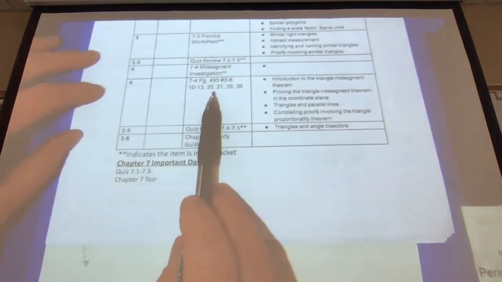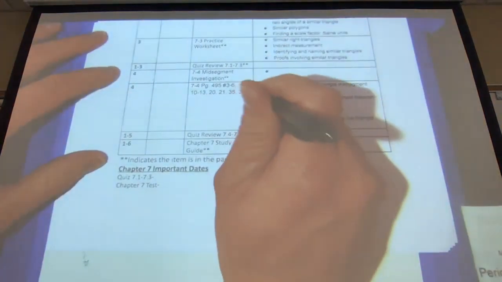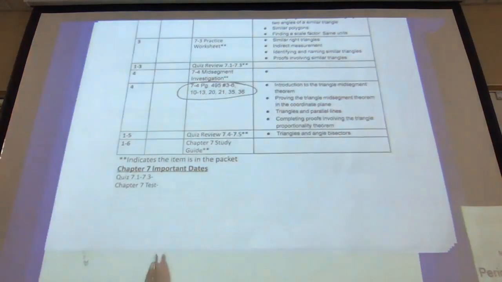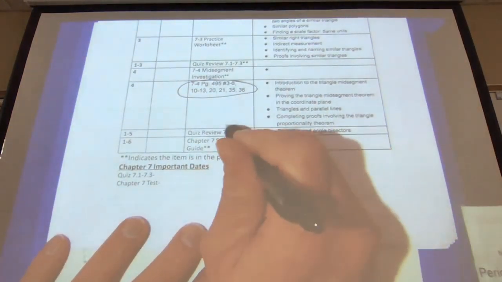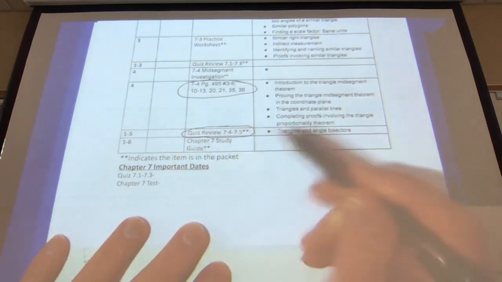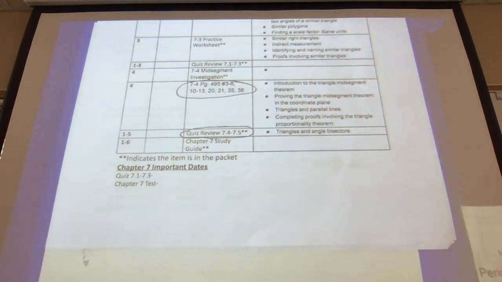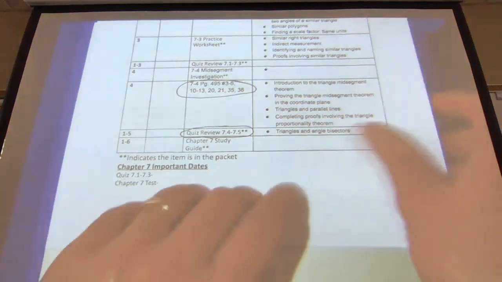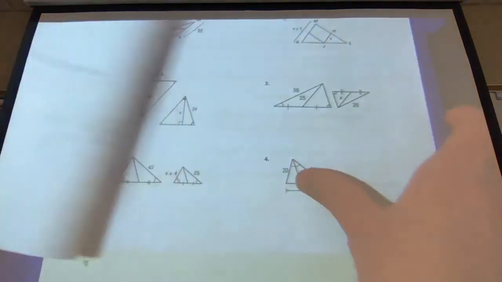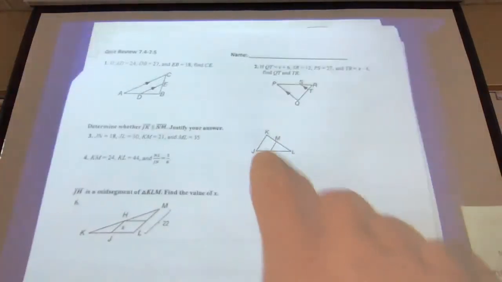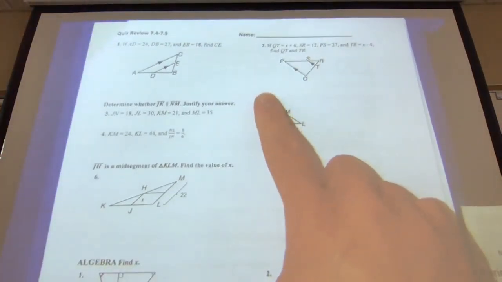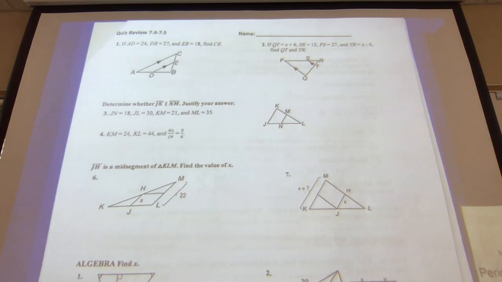Your assignment for section 4 is this page 495 out of your book. And then for section 5, we've got, it's called quiz review 7.4 to 7.5. We don't have a quiz for 7.4 to 7.5, but this is going to be the worksheet you're going to do. This one right here is the worksheet you're going to do for your assignment for section 5.